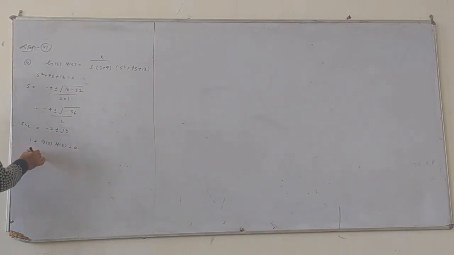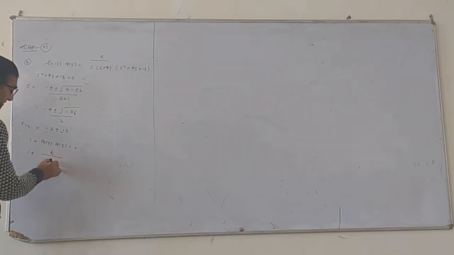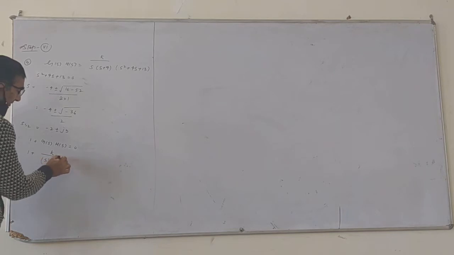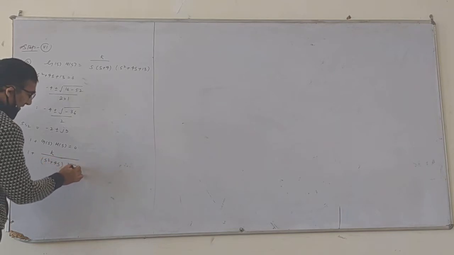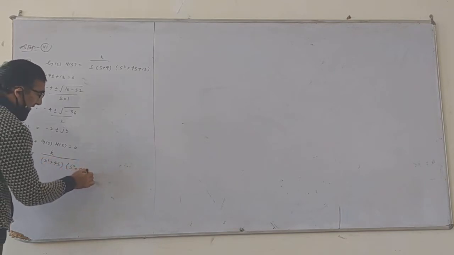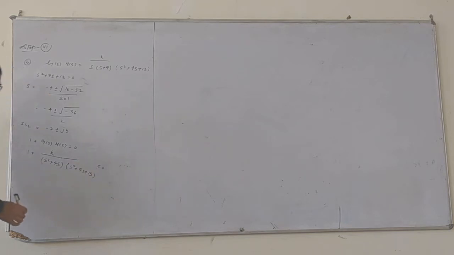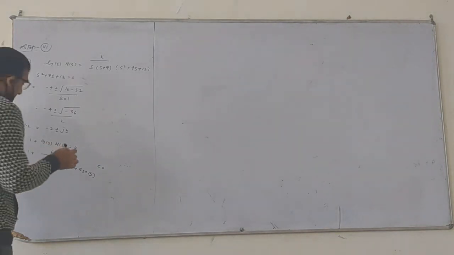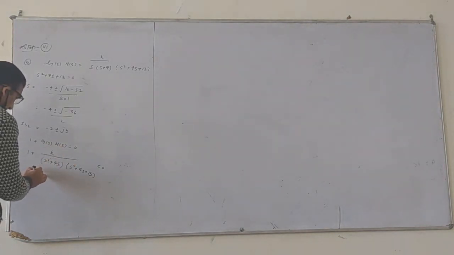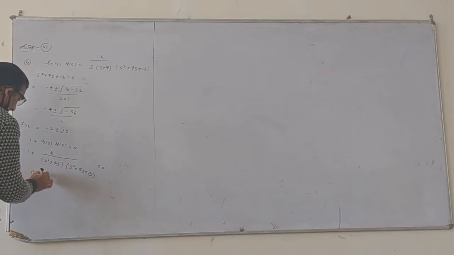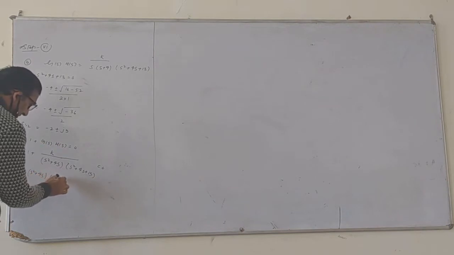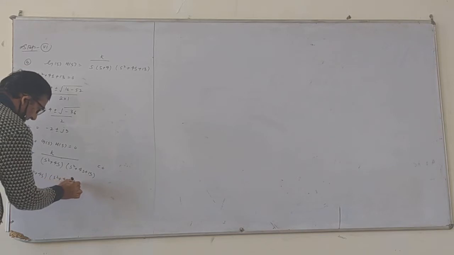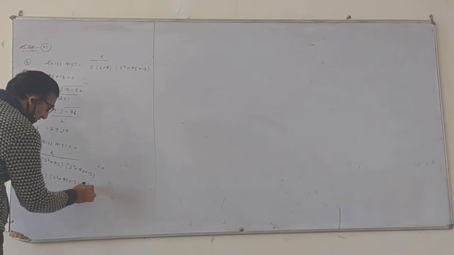So 1 plus K divided by s squared plus 4s multiplied by s squared plus 4s plus 13 equal to 0. Once you are able to get dK/ds, we put it equal to 0. We have to multiply it out, plus K equal to 0.